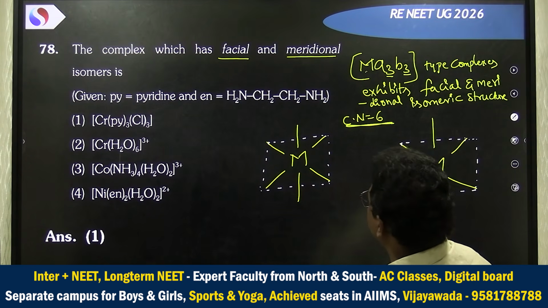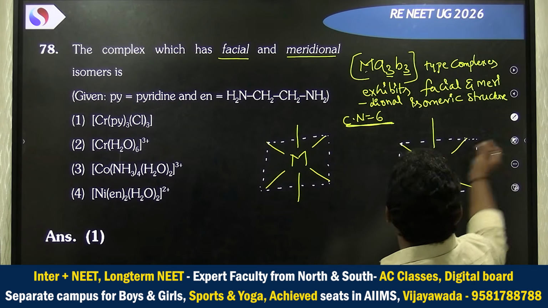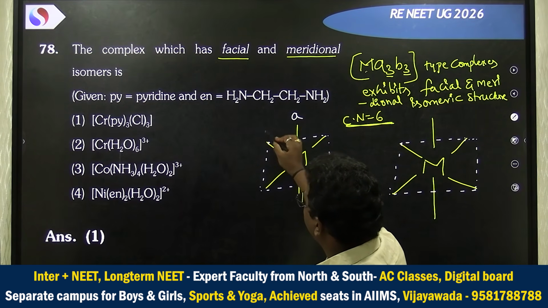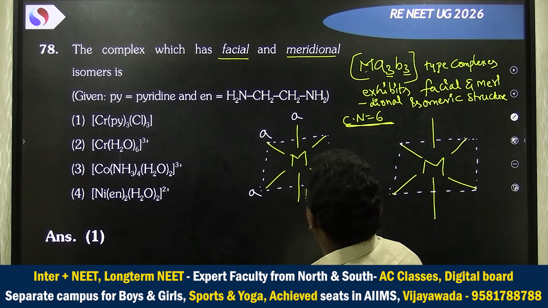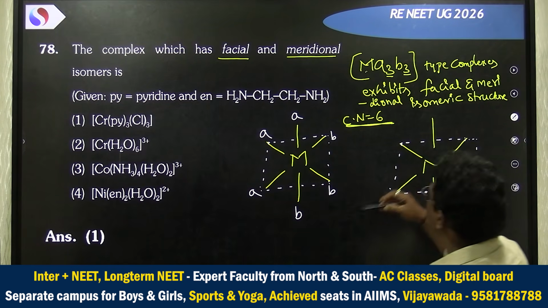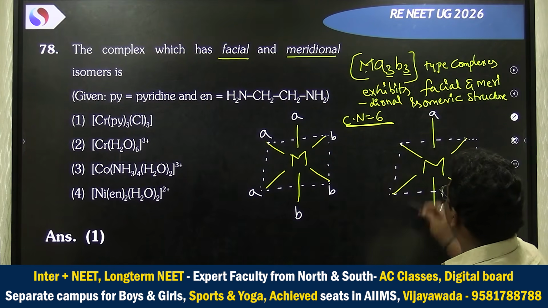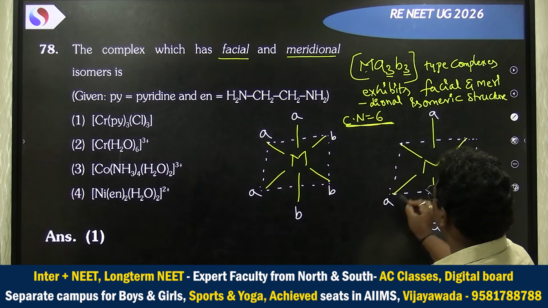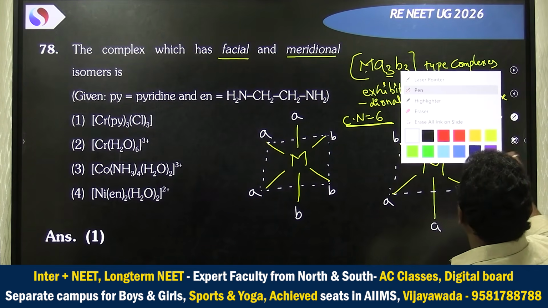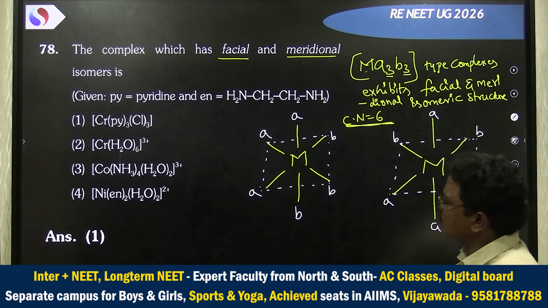Now the question is facial and meridional. When should we say facial, and when should we say meridional? A, and this is the position of the B ligands here. A, this is B. Here we can see it clearly, visually.